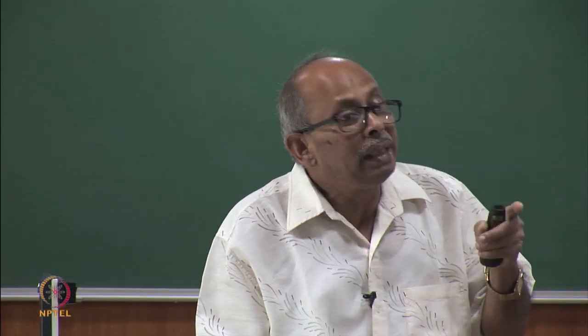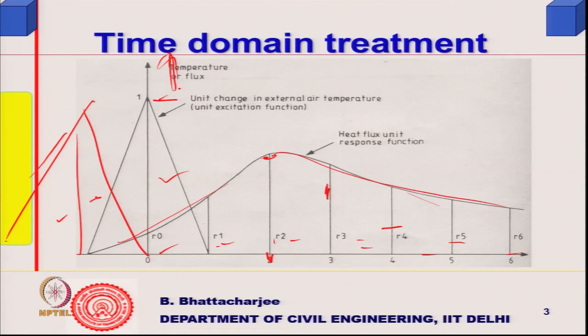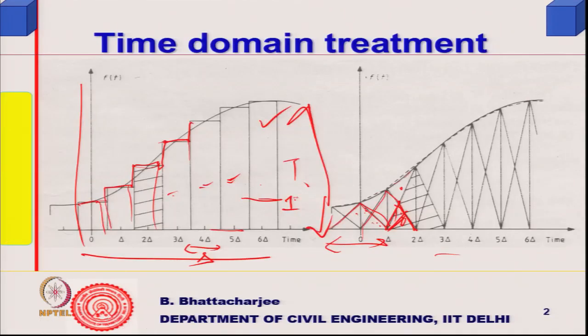Let us say I take the unit response, but multiplied by the actual amplitude or actual height, because it is a linear system. Like I was showing you here, this is the unit pulse. If I multiply this response by this value, then I get the effect of this pulse at this point of time. For the earlier pulse, I can find its effect at the same point of time, because it would have come 1 delta earlier.